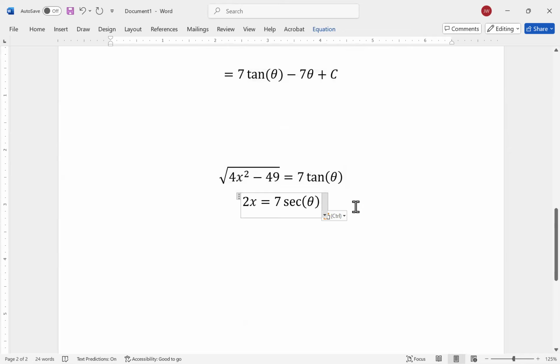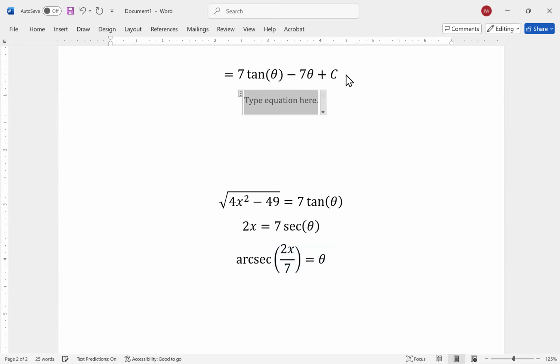Theta here by itself, well, when I divide by 7 and then do the arc secant, I'm going to get arc secant of 2x over 7 is equal to theta. Again, divide by 7 and then take arc secant to both sides.